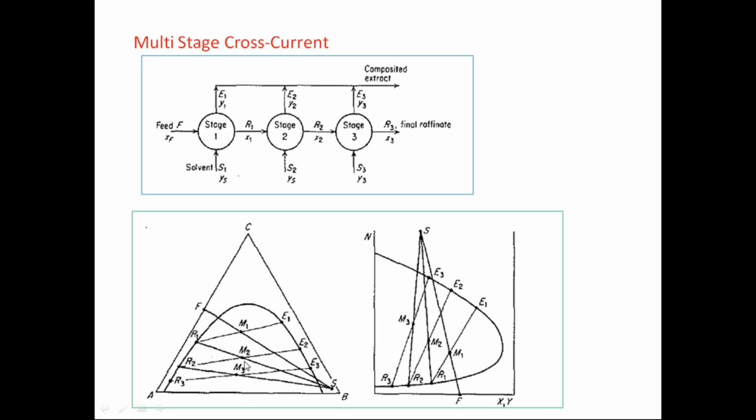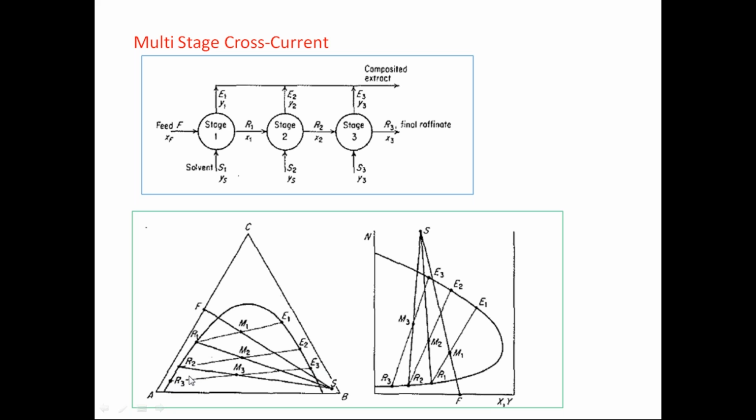So how do we find out xm2? xm2 can be found as R1 into X1 plus S into YS, divided by R1 plus S. So the vertical height of that xm2 value on the R1 S line will give you M2. Then you can draw R2 and E2. When you draw R2 and E2, they are the outputs of the second stage. Then again you can add these two and continue like that.